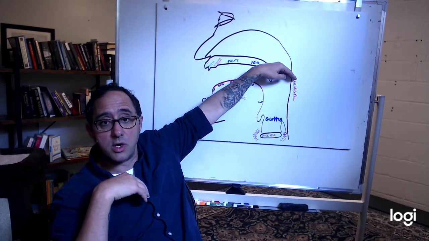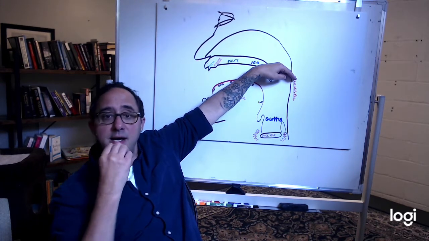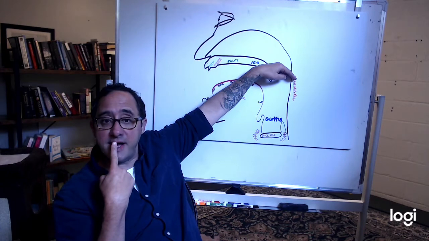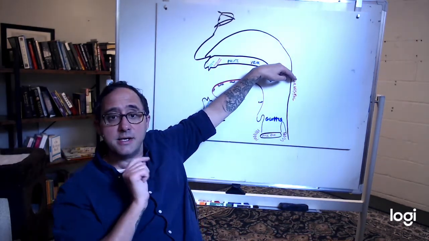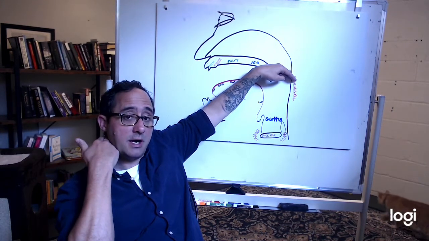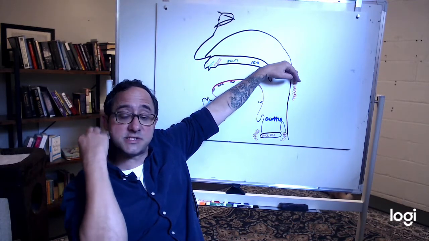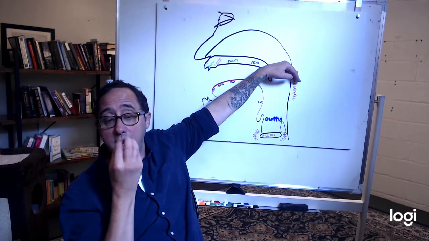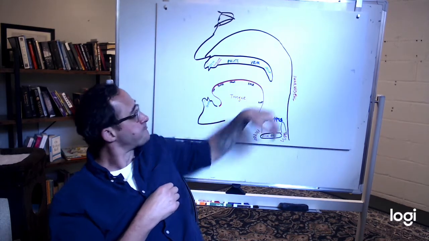So when I make a puh, I need to build up air behind my lips, so my uvula closes off the nose so that the air doesn't go out my nose. Otherwise, I wouldn't build up for that puh, puh.